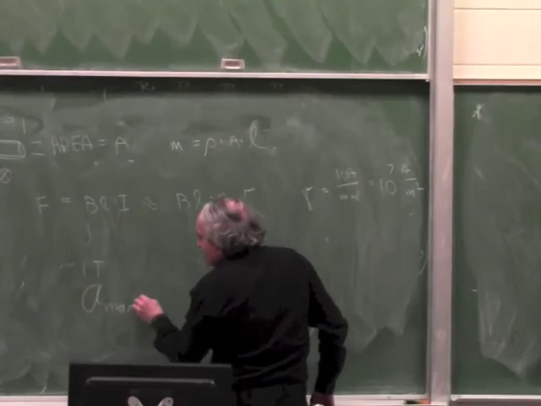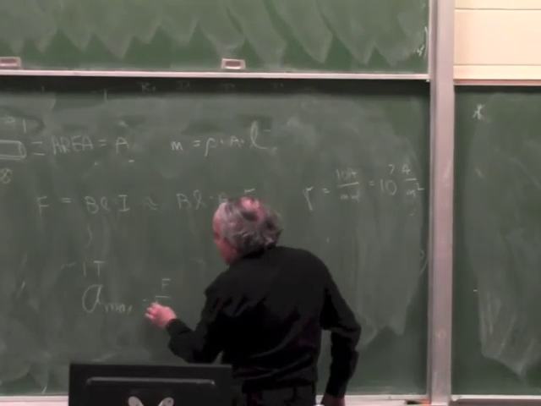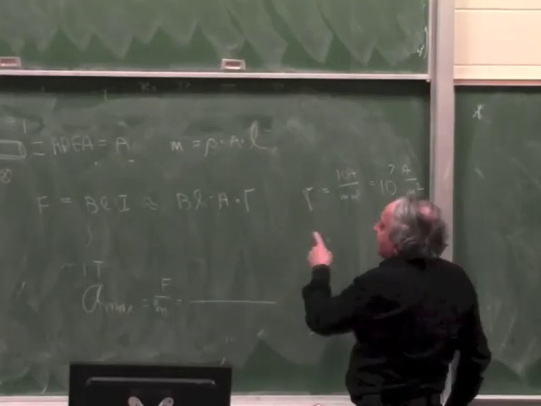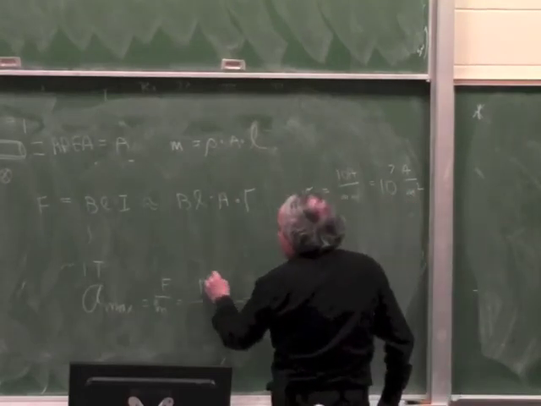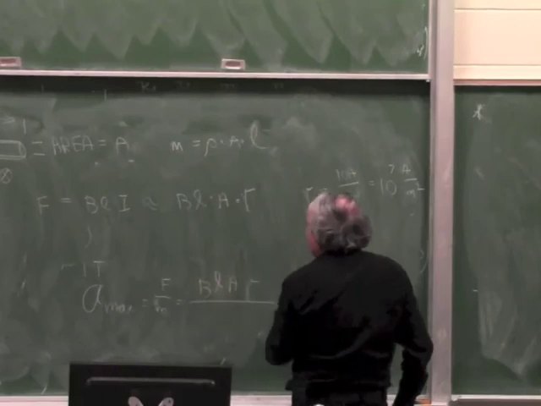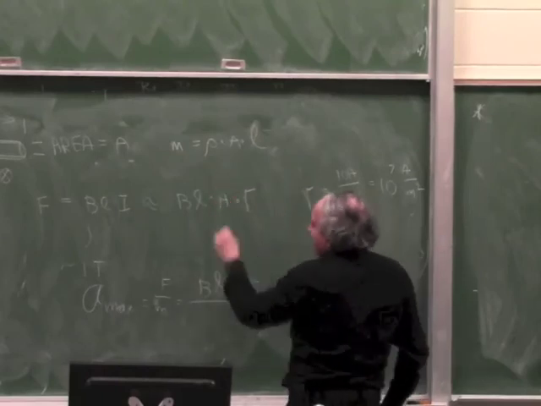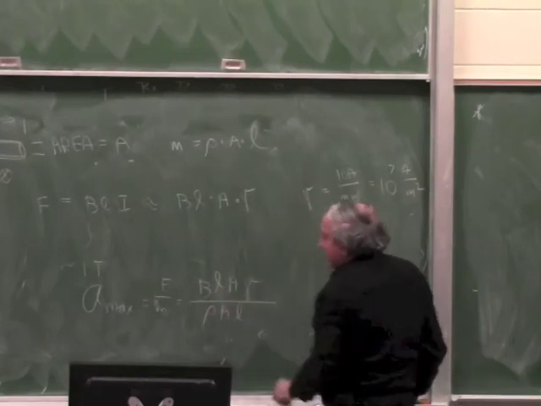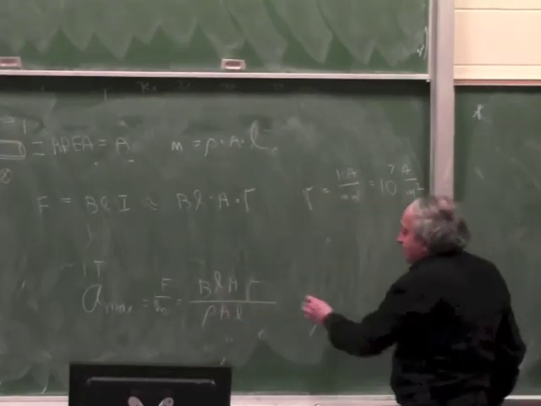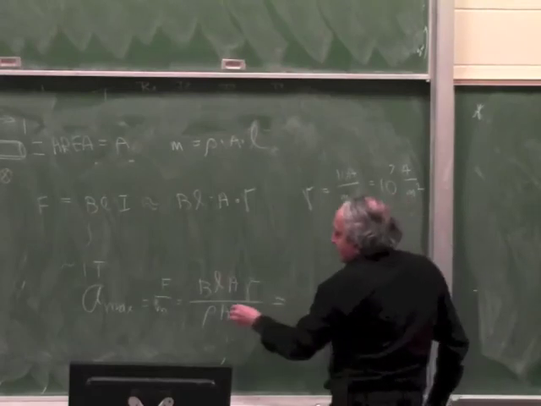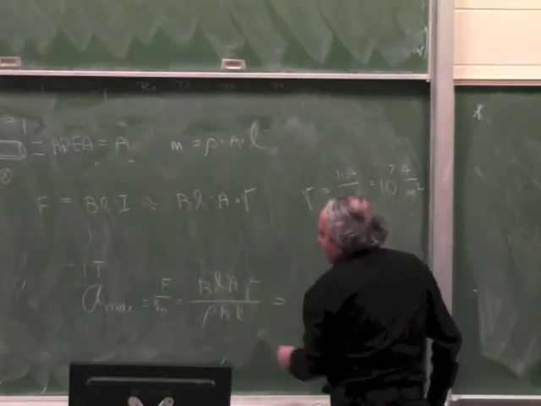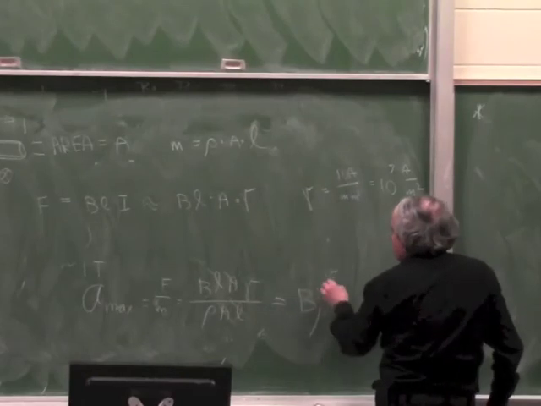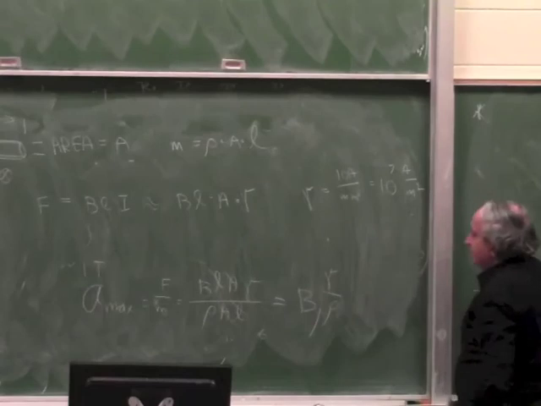Okay, so now when I want to find the maximum acceleration, a max, I simply divide F by M, and F is B L A gamma, divided by M, which is rho A L. And you can see it's completely simple: A cancels out, L cancels out, and I'm getting B gamma divided by rho.